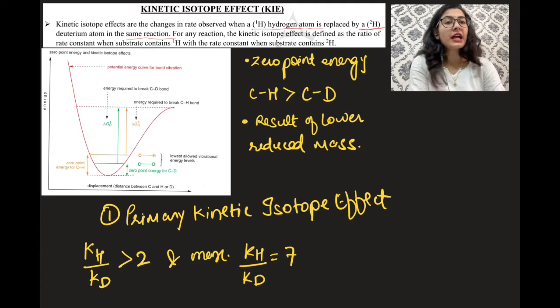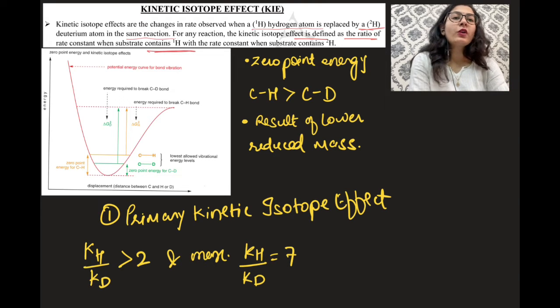Within the same reaction, if there is a carbon hydrogen bond and I'm substituting it with a deuterium, what is going to be the change in rate of reaction? If there is any change, then we say there is a kinetic isotope effect. For any reaction, the kinetic isotope effect is defined as the ratio of the rate constant when the substrate contains a proton to the rate constant when the substrate contains a deuterium atom.